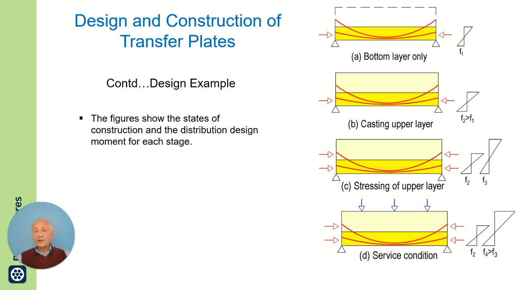When it comes to design, the stress distribution is this: the bottom layer is checked for bottom fiber stress F1, and then you have the upper layer. You will have new stresses here with a stress distribution different here, which will be F2, obviously more than F1 because you have the load above.